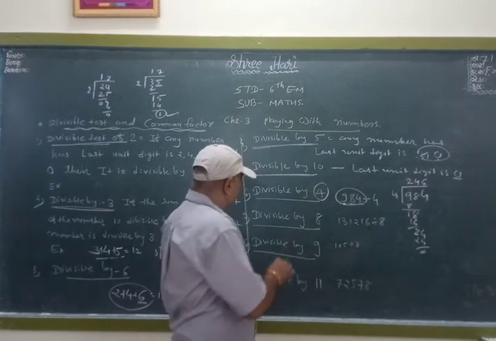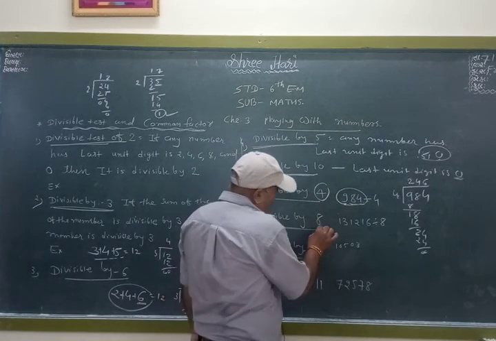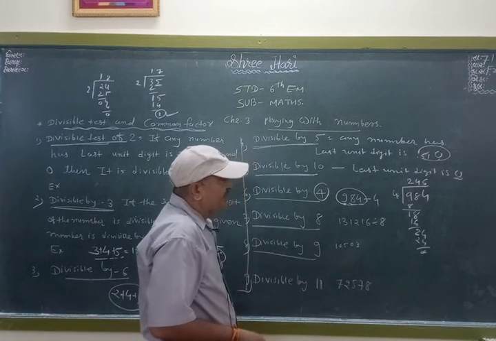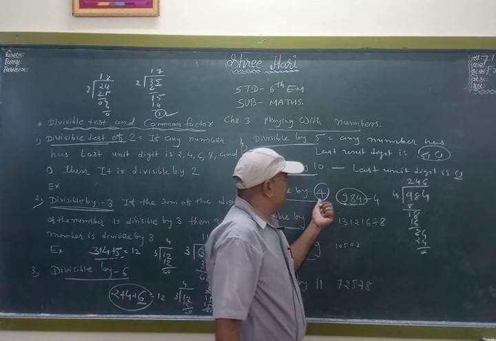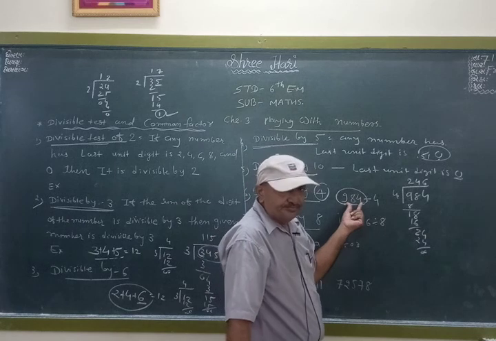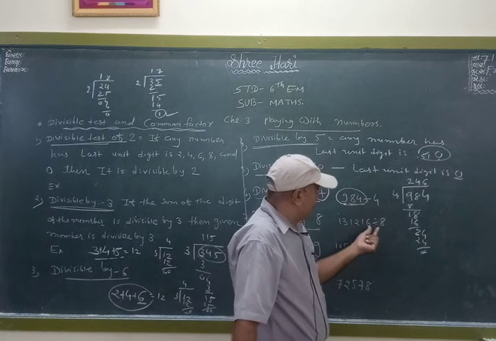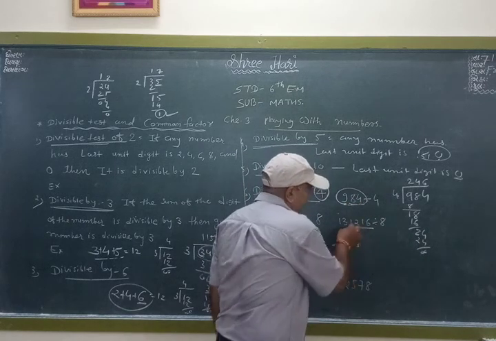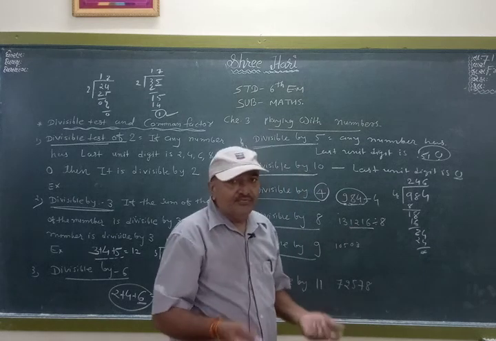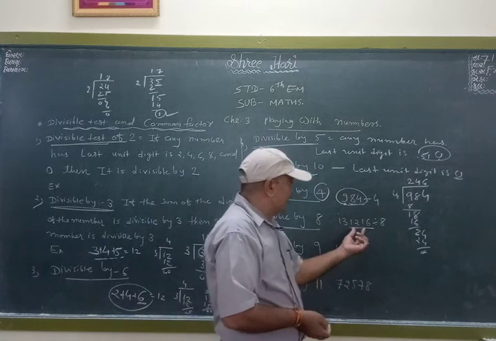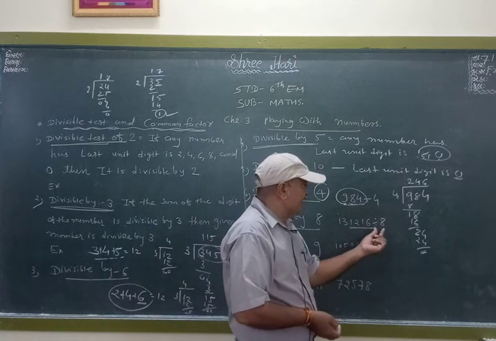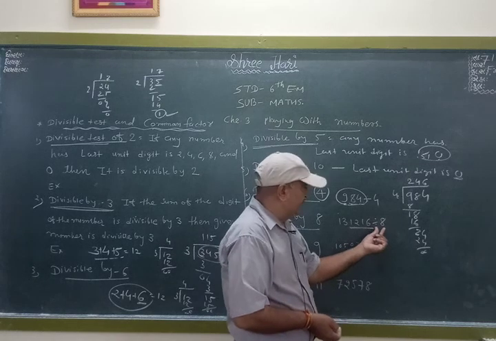Like this, the divisibility test of 8. In the divisibility test of 4, we take 3 places. In 8, take 4 or more places, then divide. If we can divide those 4 places by 8, then we can divide the number by 8.